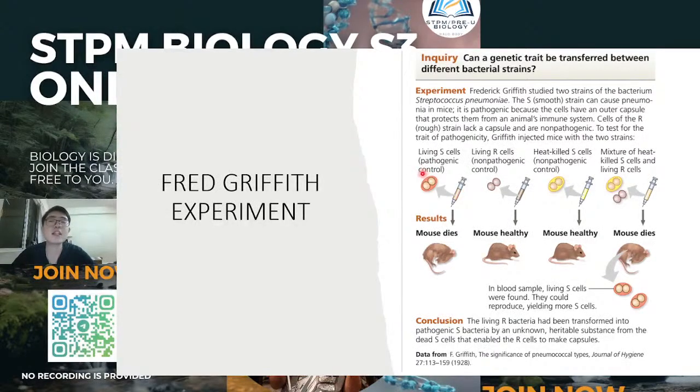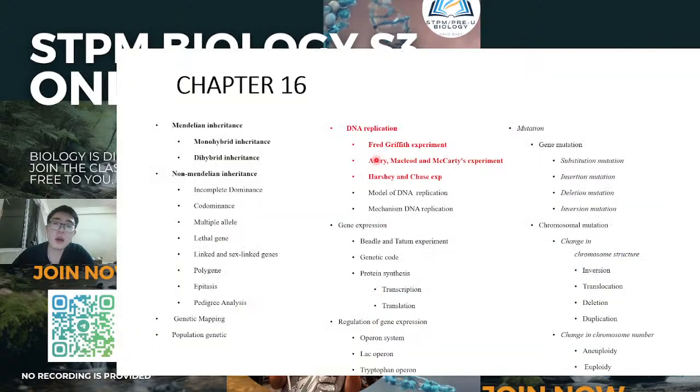Firstly, the Fred Griffith experiment is about proving that DNA acts as the genetic material. These 3 experiments prove that DNA is the genetic material.